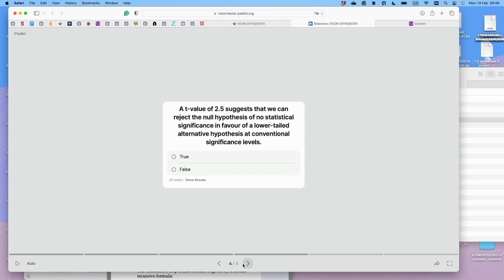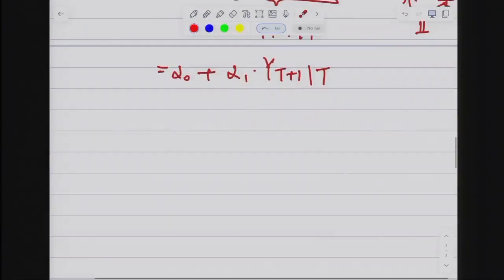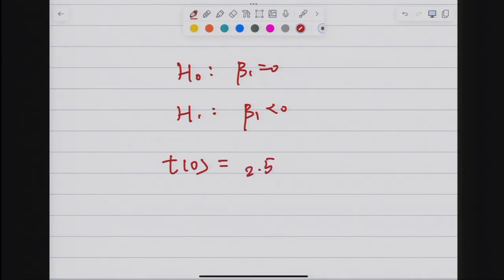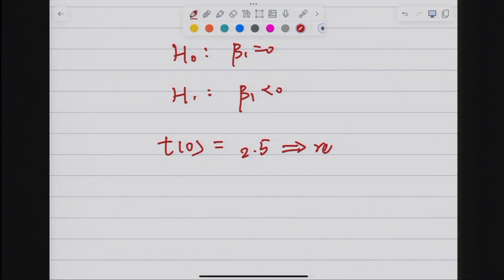Do you think this is correct or wrong? So what it means is, if we attempt to test the hypothesis that, let's say, beta 1 is equal to 0 against the alternative beta 1 is less than 0, with a t-statistic that is 2.5, do we reject the null?